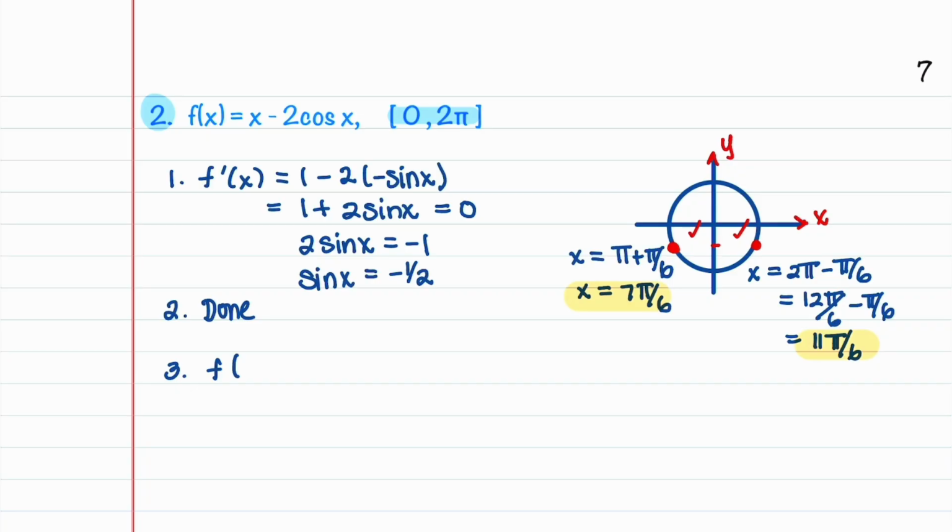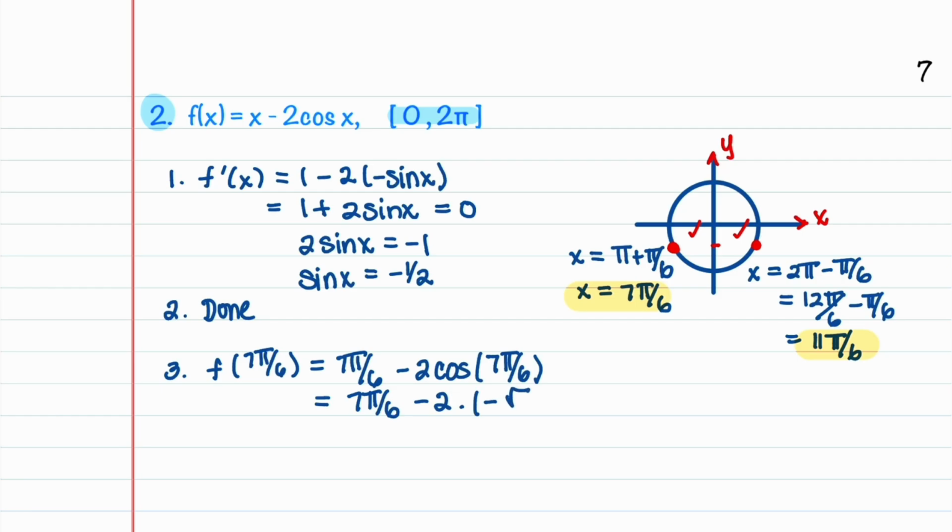F at 7 pi over 6 is 7 pi over 6 minus 2 cosine of 7 pi over 6. This is 7 pi over 6 minus 2, and then the cosine of 7 pi over 6, let's see, cosine is negative in the third quadrant, so we're going to have a minus root 3 over 2.